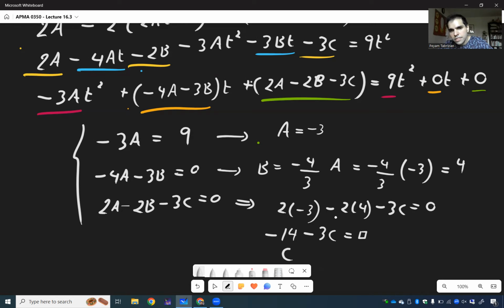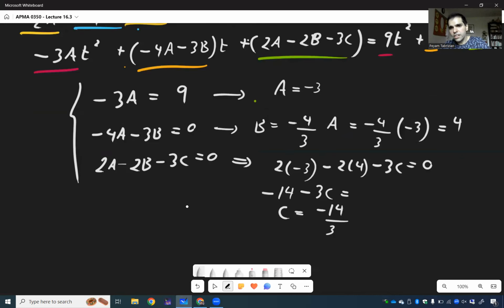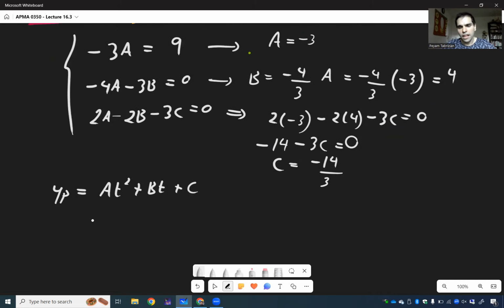And so c is minus 14/3. And so what is our particular solution? yp, again, is at squared plus bt plus c. And that becomes minus 3t squared plus 4t minus 14/3.